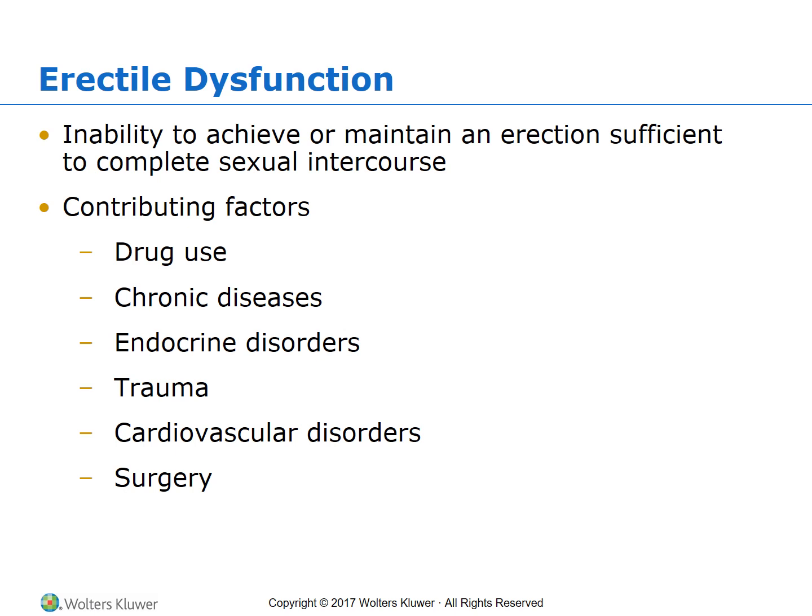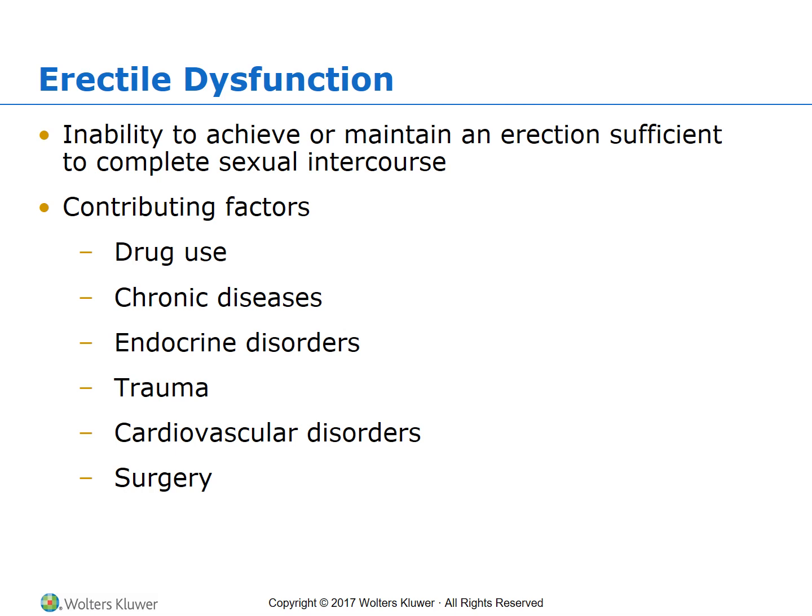Chronic diseases such as renal failure, heart failure, atherosclerosis, and multiple sclerosis. Endocrine disorders. Number 1, diabetes. Can also be related to thyroid disorders, adrenal disorders, or pituitary disorders.